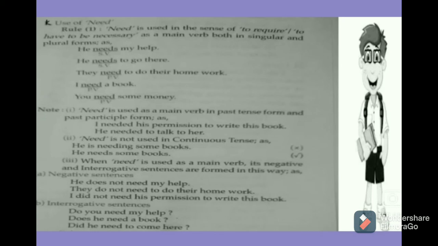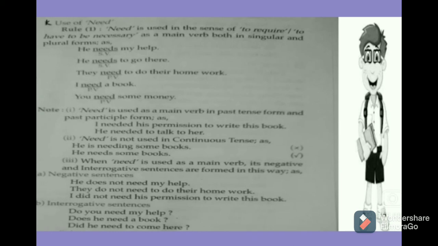When need is used as a main verb, its negative and interrogative sentences are formed in this way. As negative sentence says, let's see, he does not need my help. They do not need to do their homework. I did not need his permission to write his book. Means we follow the rule of present indefinite tense.